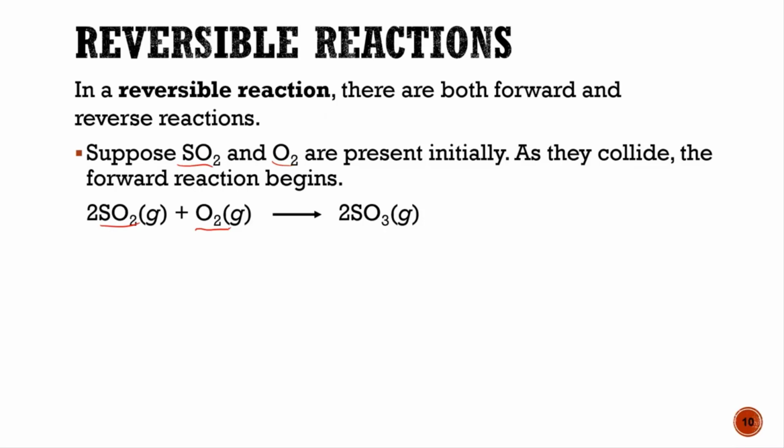They're going to have enough kinetic energy and be in the right orientation to actually produce 2 moles of sulfur trioxide. Now realize at first I have a lot of reactants, but as time goes on, I have fewer reactants, because at first I have no products, and as time goes on, I increase the products. So some of the reactants are being converted to products as time progresses.